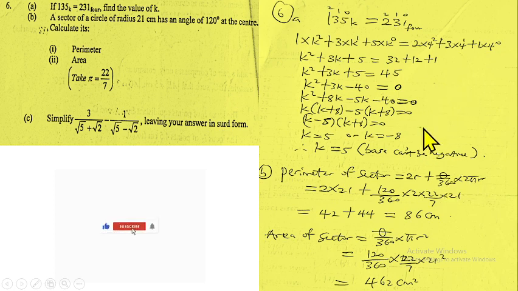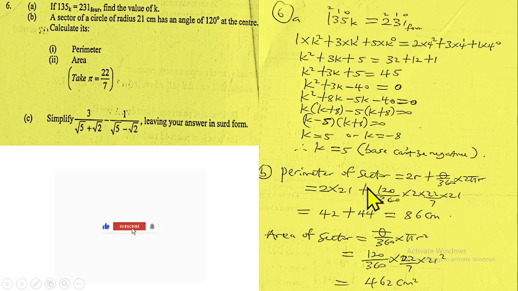A sector is formed with two radii plus an arc, and we know that anytime you are looking for the perimeter of a plane shape, you have to add all the sides together. So you add radius plus radius, which gives us 2r, plus the length of an arc, which is theta over 360 times 2 pi r.